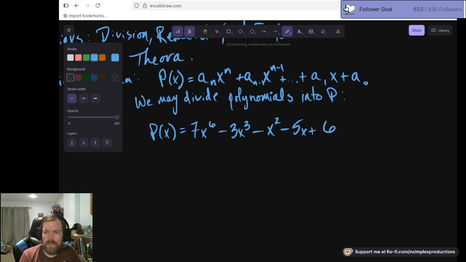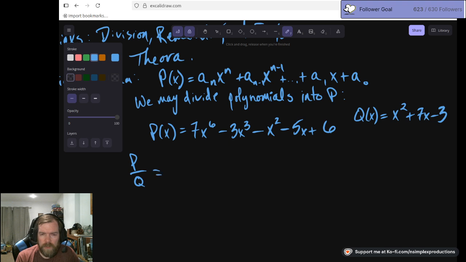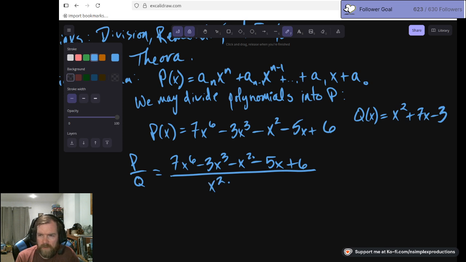If we take this and say we've got a smaller polynomial, actually let's just call it a different polynomial, q, then this one might be x squared plus 7x minus 3. And if we want p over q, that's going to be 7x to the 6 minus 3x to the third minus x squared minus 5x plus 6, all divided by x squared plus 7x minus 3.